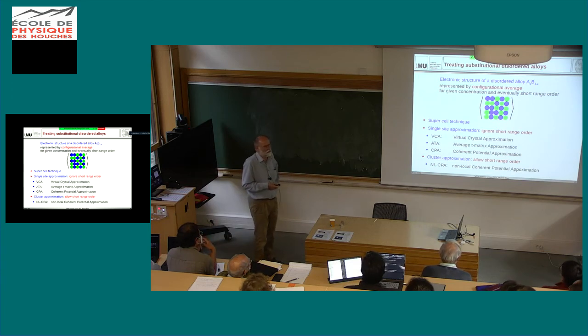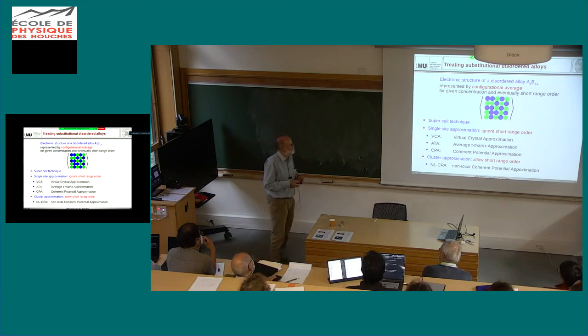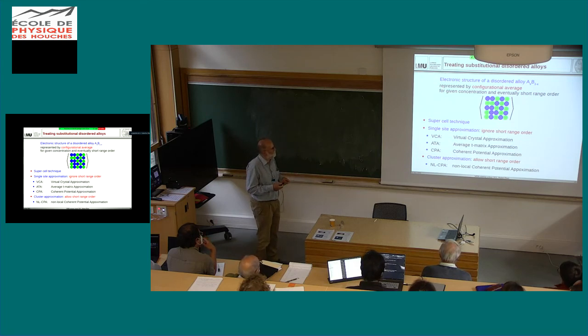And the standard scheme now is, of course, that you use a standard k-space method, and you use a supercell technique. That means you build up big supercells with a proper lattice, but you do the occupation according to the composition here. And you have to average over many different configurations to get a reliable configurational average.